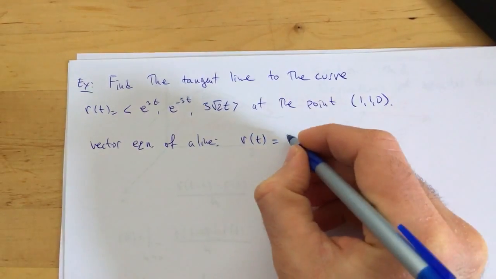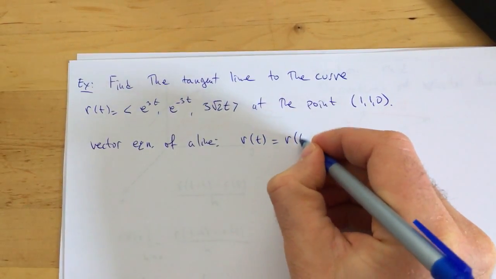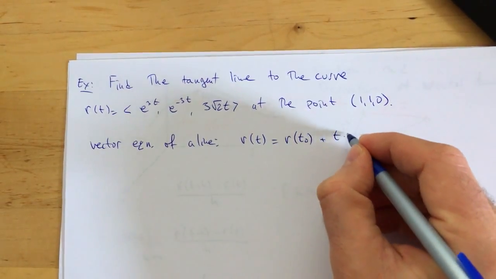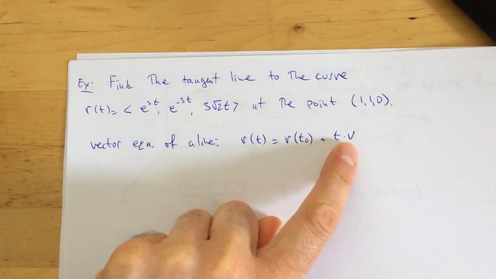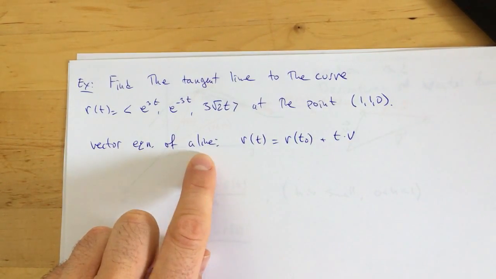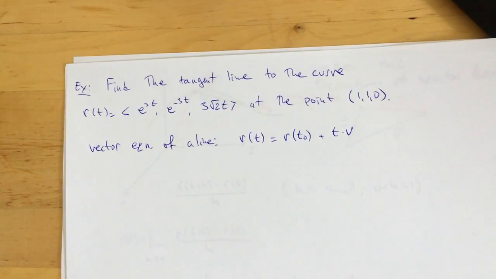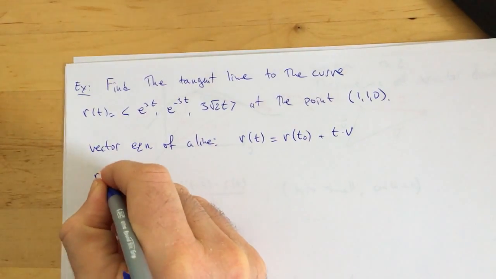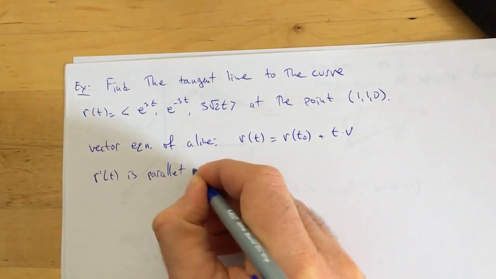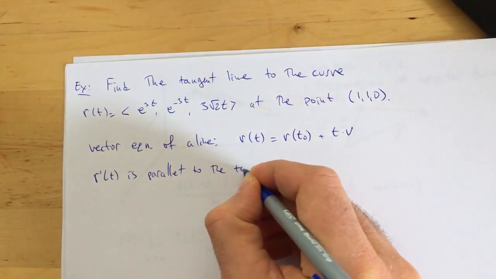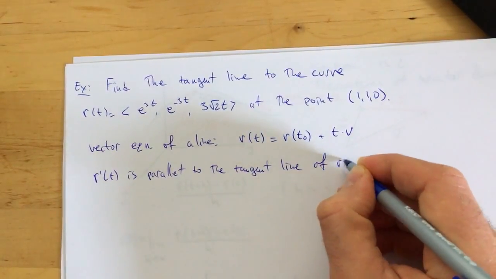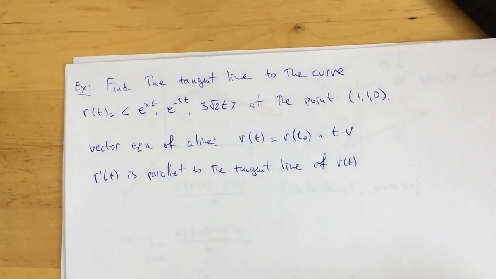Okay, if we're talking about the vector equation of the line, it is equal to r of t, a point on the line, plus t times v, where v is a vector parallel to the line, right? And what did we just say? That r prime is parallel to the tangent line of r of t at any point.